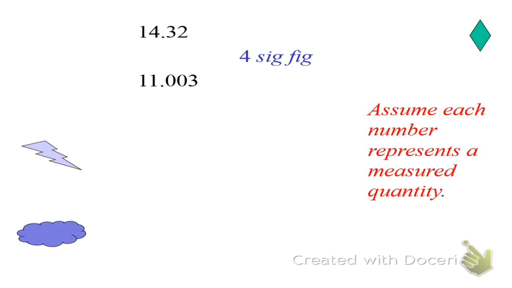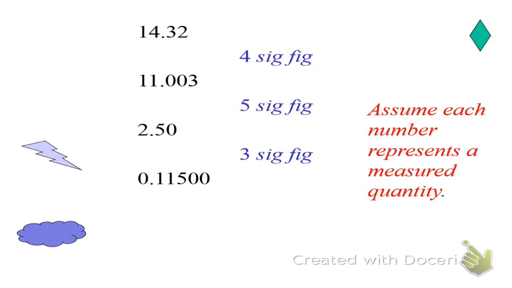How about this one? 5. Does everybody buy that? Very good, 5 sig figs, perfect. All right, this one. I'm seeing some 3s. It is 3. Why is this 0 significant? Which rule is that from the previous? It's a trailing 0 after the decimal. Exactly. So there's 3 sig figs.